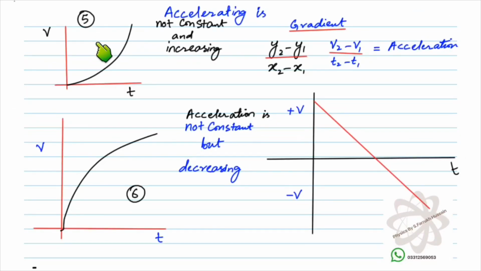In this case, the gradient is decreasing, which means acceleration is decreasing. Keep in mind that the decrease in acceleration is not deceleration because the velocity is not decreasing. Velocity is increasing but with a decreasing rate.